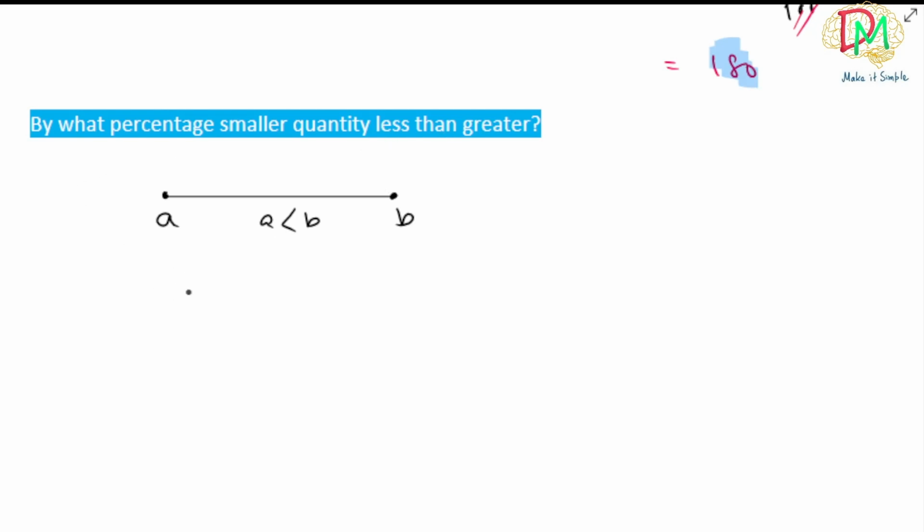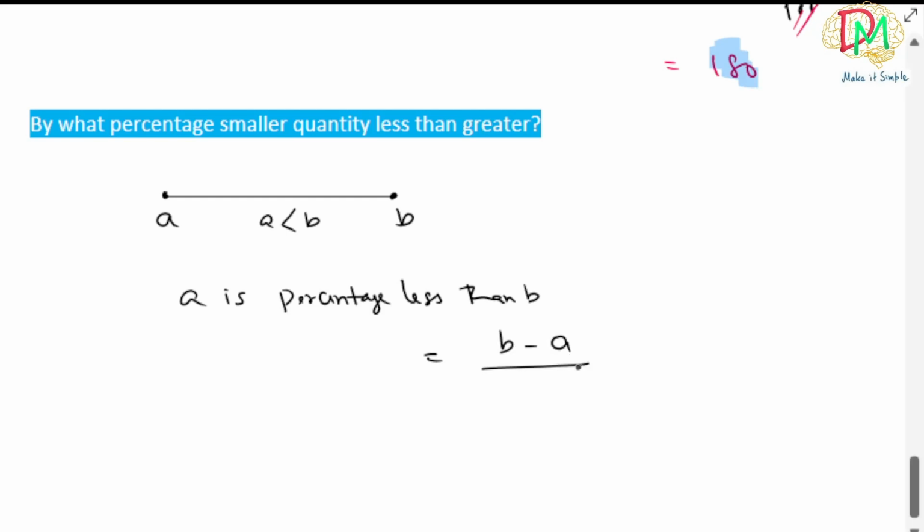The percentage by which A is less than B is equal to B minus A, but here, remember, you have to consider the initial value as B, because A is a percentage less than B, into 100.